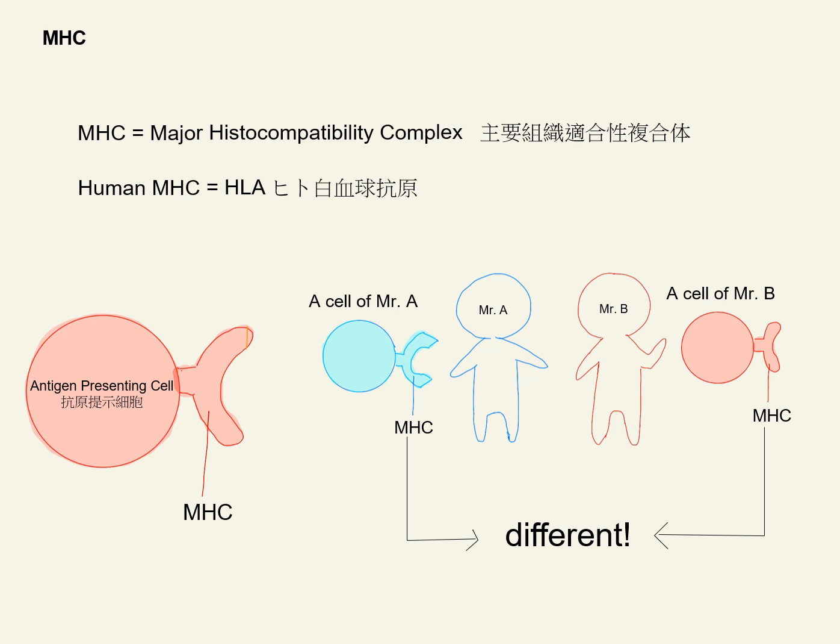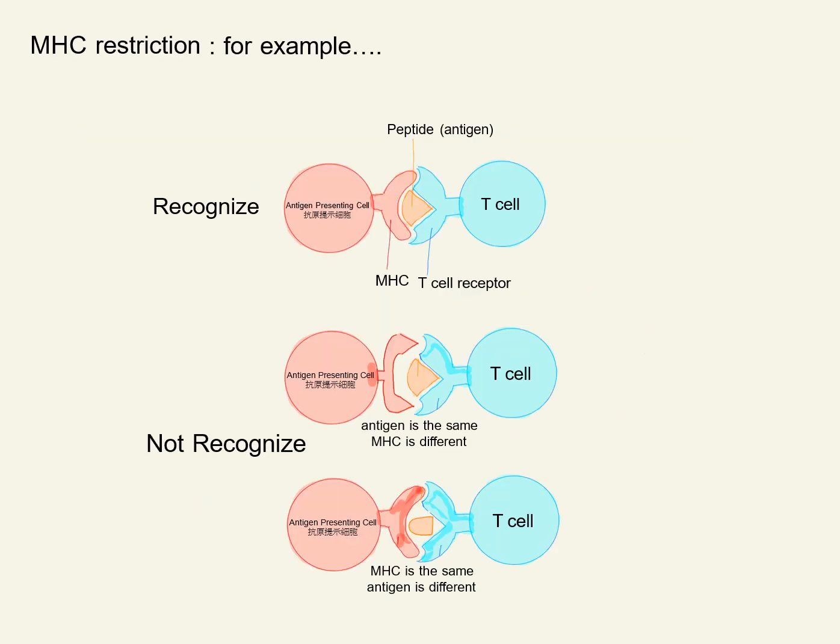In order for the TCR to recognize a foreign substance, two conditions must be met: MHC compatibility and antigen compatibility with TCR. Antigenic substances are broken down into peptides and combined with MHC.